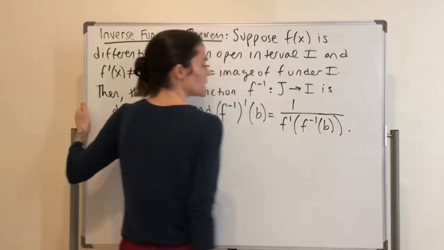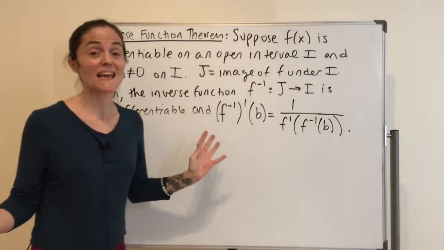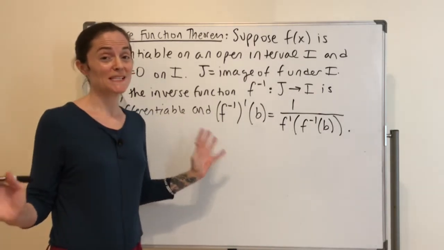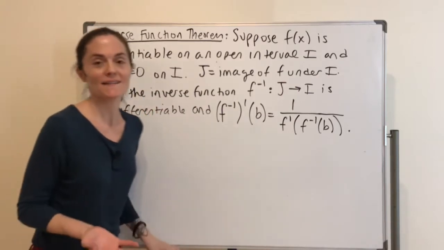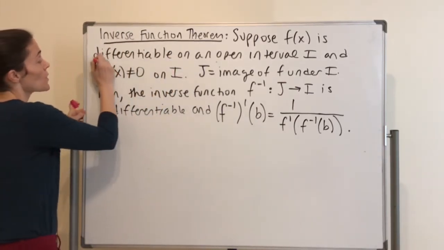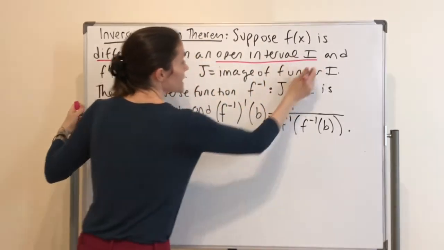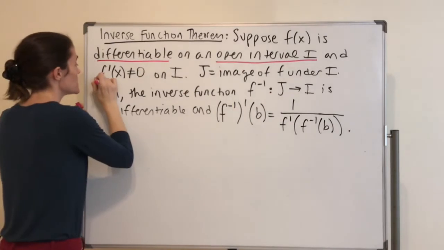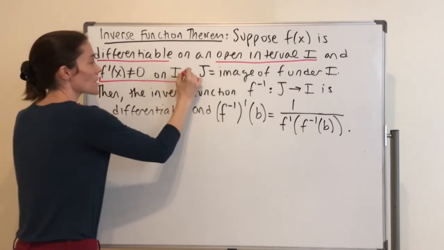Now, I have a few things to say about this, and then we're going to do some examples. The first thing that I want to mention is just to talk about some of the hypotheses here. First of all, we need differentiable, we need an open interval I, and we need the derivative is not equal to 0 on I. Maybe I'll put stars here.